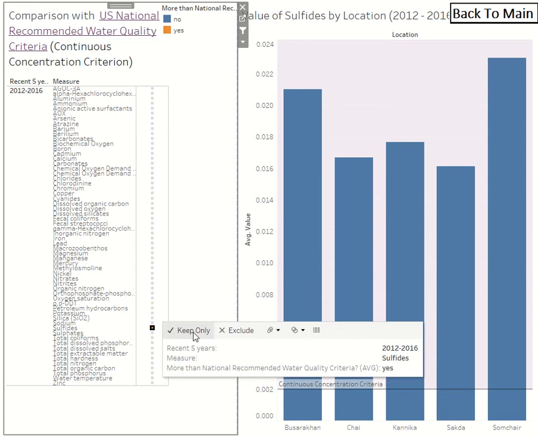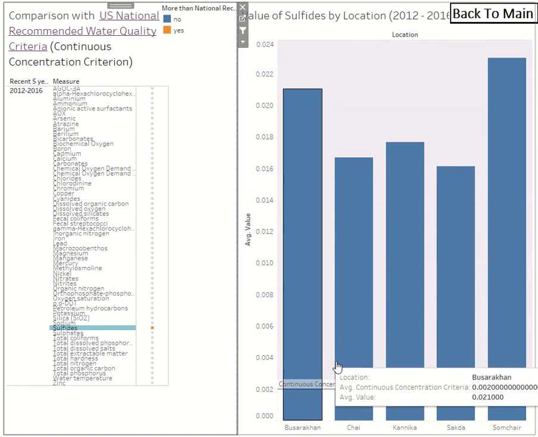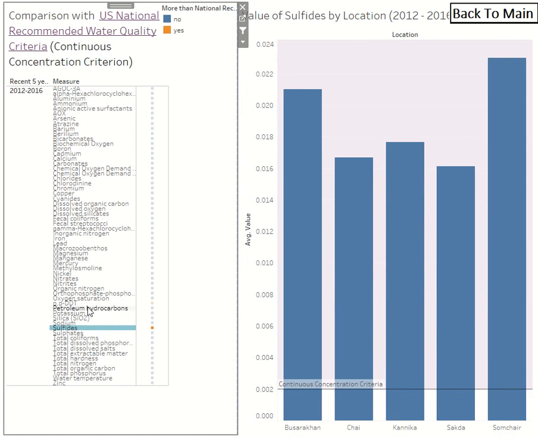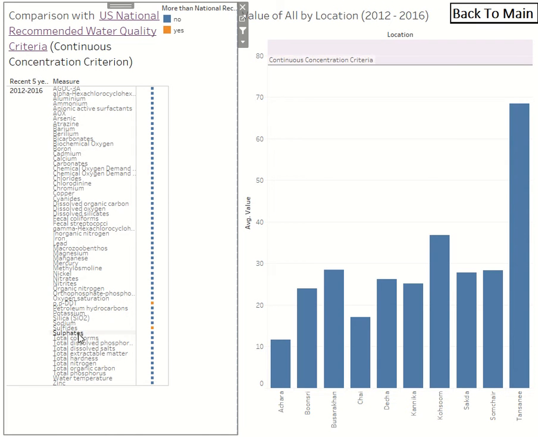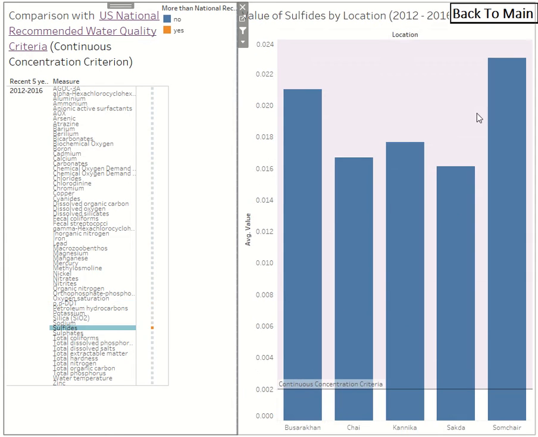If you click the small boxes, or you can click the measures itself, the graph on the right changes. What this is showing now is the value of the measures that you have selected by the different locations where samples were taken.